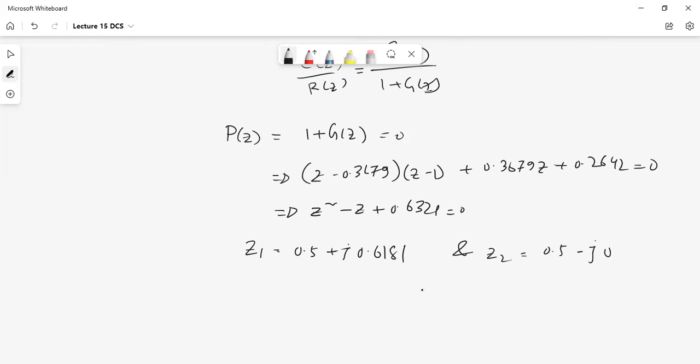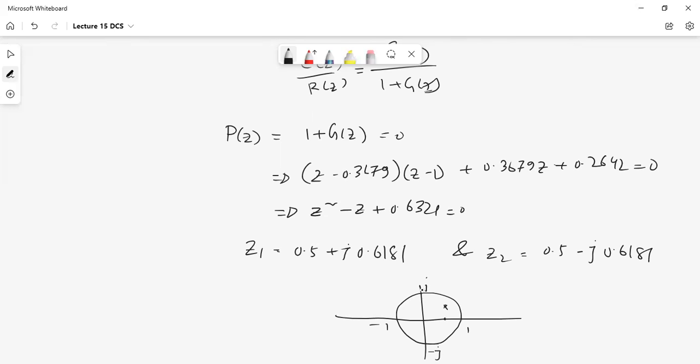So in the z plane, if this is the unit circle, you have 1 and minus 1. We can see that 0.5 is somewhere here, and 0.6181 somewhere here.